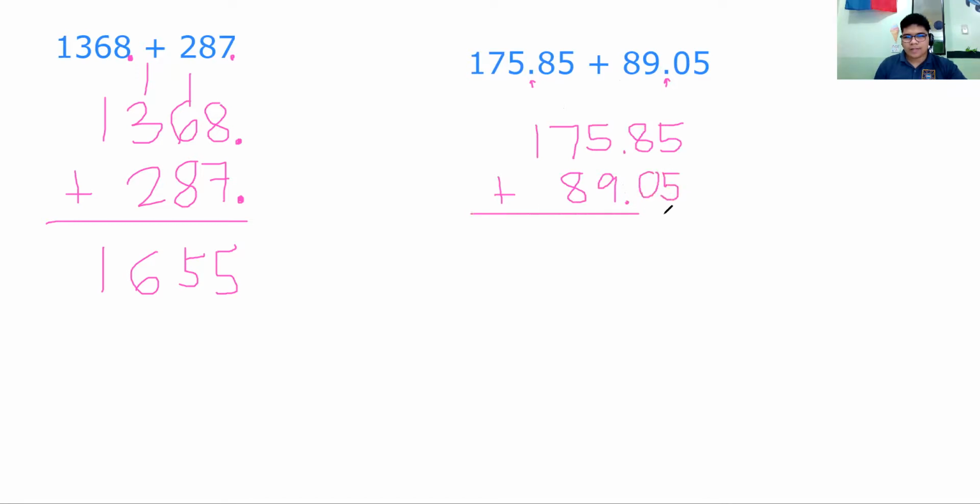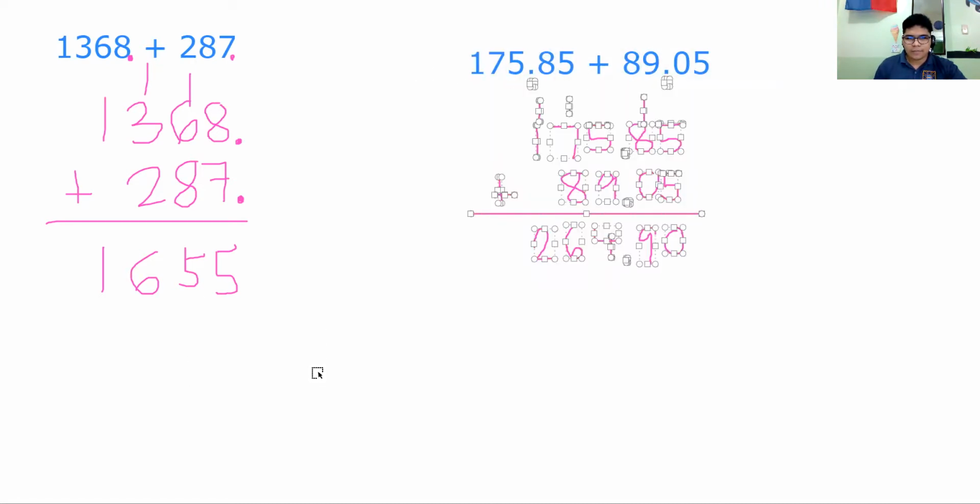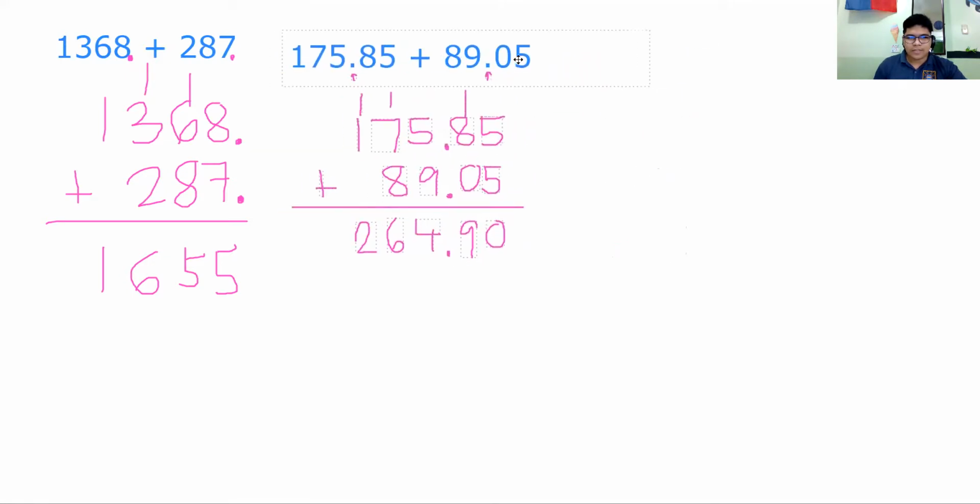And then, since they are aligned now, we're just going to add them. The important thing is that those decimal points are aligned. So 5 plus 5 is 10, then 9, 14, and then 16, and 2. So we now have 264.90. Right? So that is all about addition of decimals.